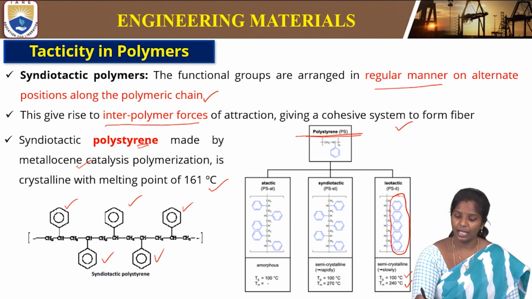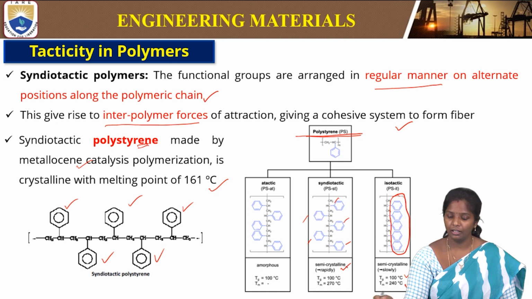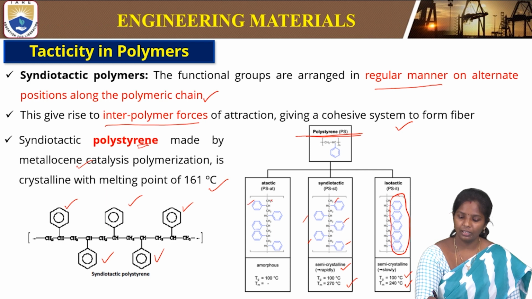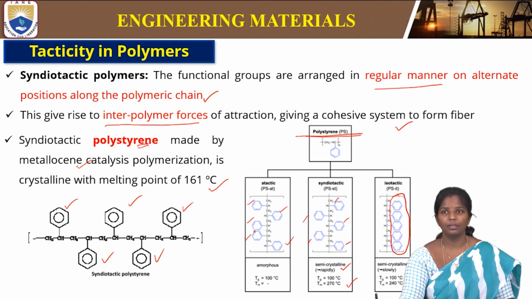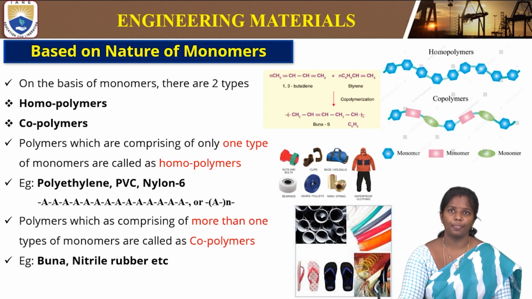And if it is arranged alternately, then it forms rapidly, still semi-crystalline, but the melting point is 270 degrees centigrade. And if it is atactic, it is amorphous in nature. So this is how the properties also vary for the same material when the arrangement of functional groups varies.